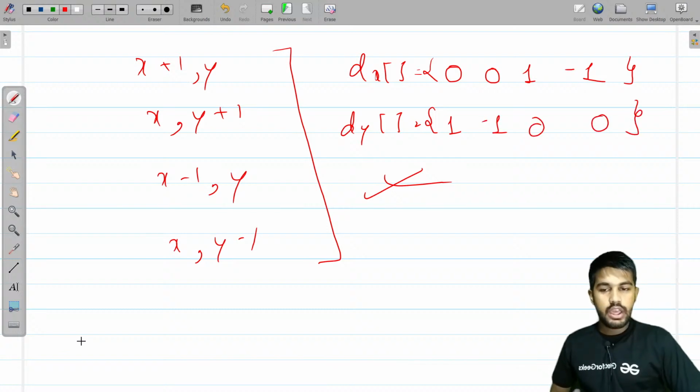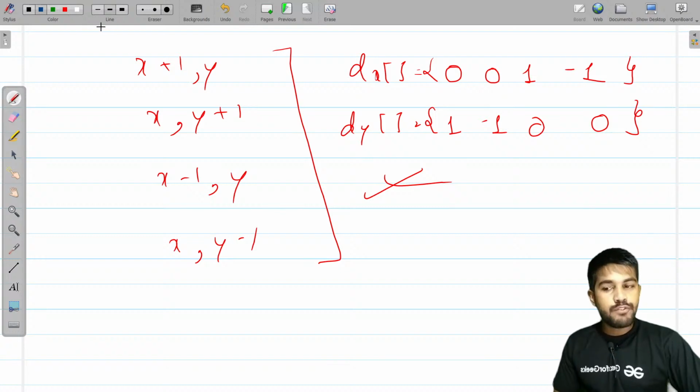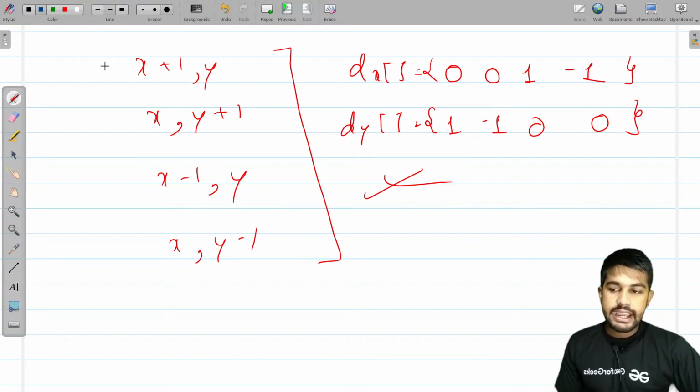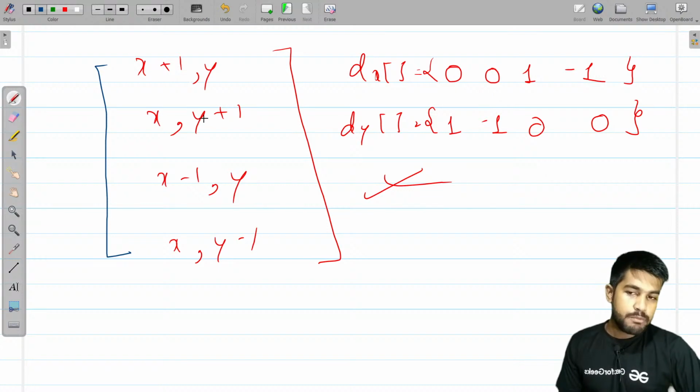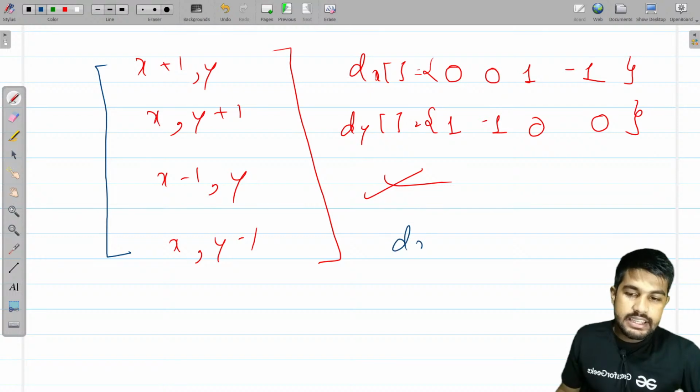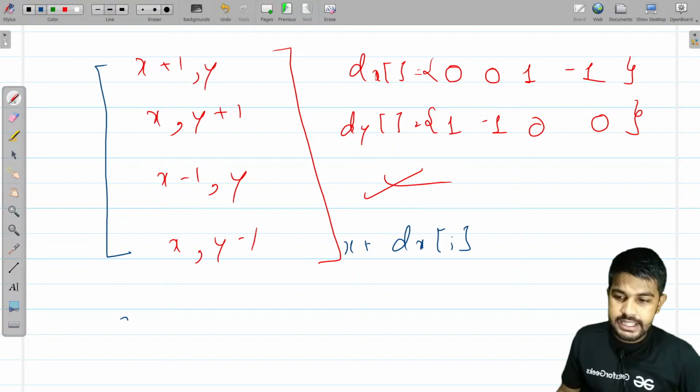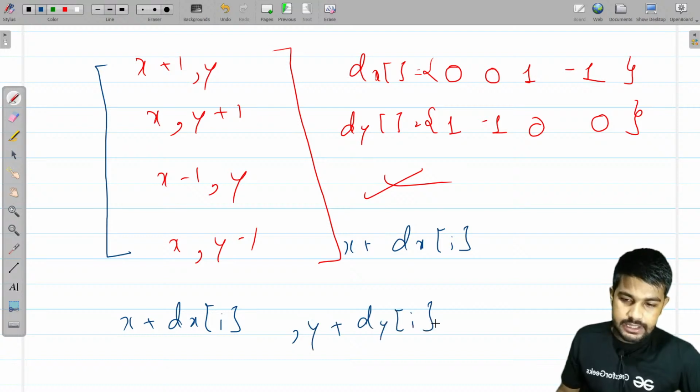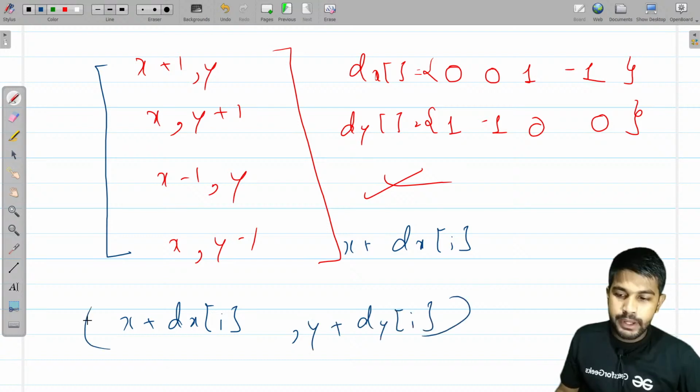So now, instead of adding and subtracting every time, which is error prone, I can simply add dx[i] to x, and dy[i] to y.